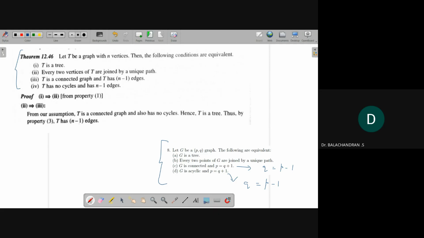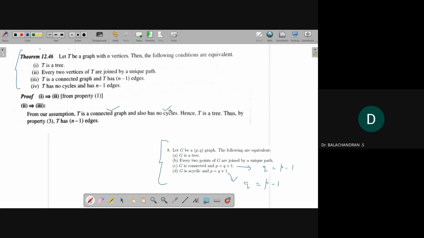Any two vertices are joined by a unique path means from the assumption itself T is connected. So connectedness automatically comes from 2 implies 3. The only thing we need to prove is that T has n minus 1 edges. From the assumption we also get no cycle, because between any two vertices there is a unique path, and hence there is no cycle.